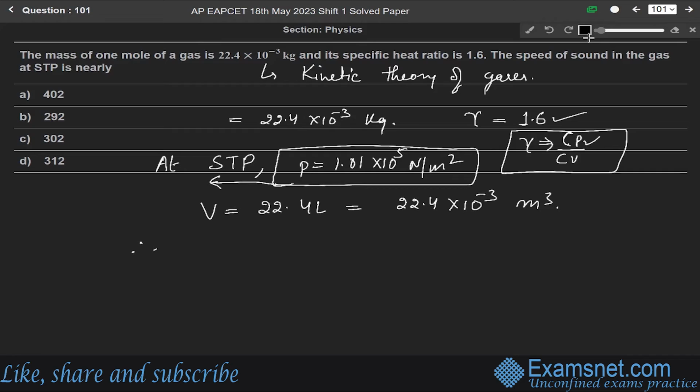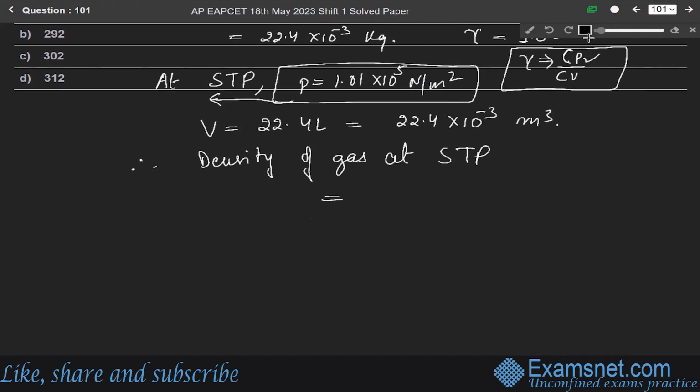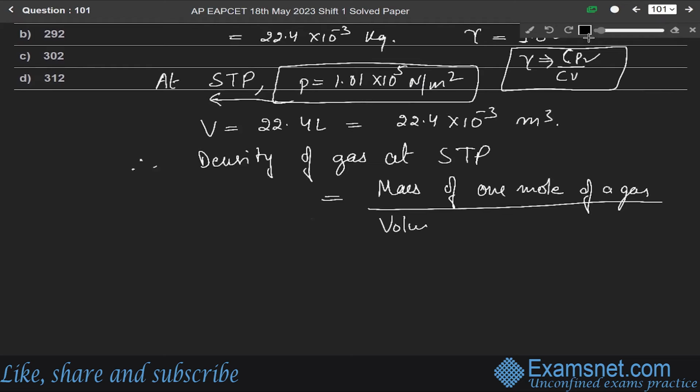So therefore, density of gas at standard temperature pressure will be equal to mass of 1 mole of a gas divided by volume of 1 mole of a gas at standard temperature pressure.